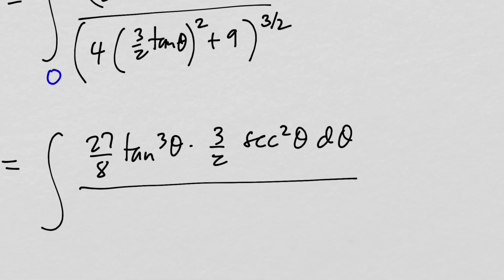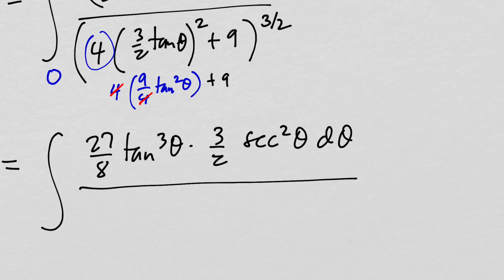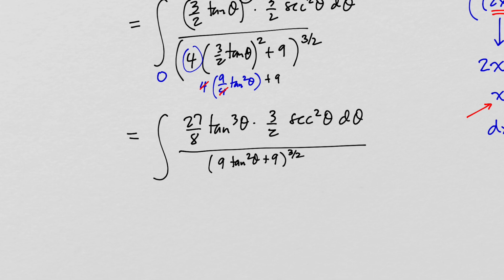When you square this, you get 9/4 tangent squared, but then it's multiplied by 4. And so the 4 is going to cancel out there, and then we have plus 9. So what I've got there in total is 9 tangent squared of theta plus 9 to the 3/2.